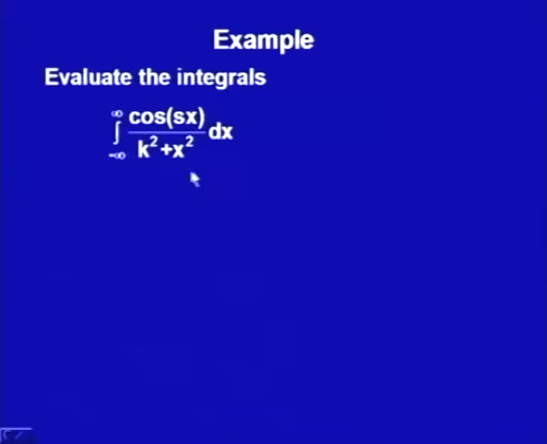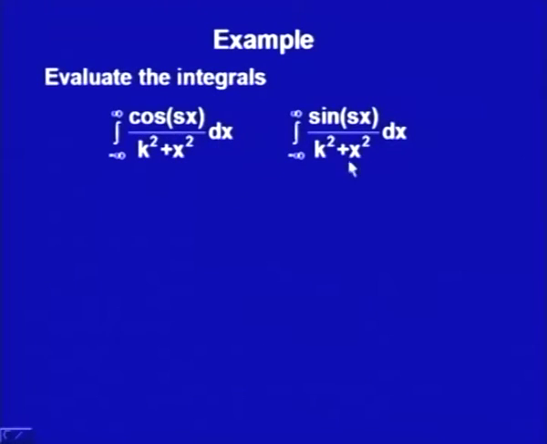Evaluate the integral from minus infinity to plus infinity of cos sx upon k square plus x square dx, and the integral from minus infinity to plus infinity of sin sx upon k square plus x square dx. You see, here in this example we are going to evaluate two integrals.